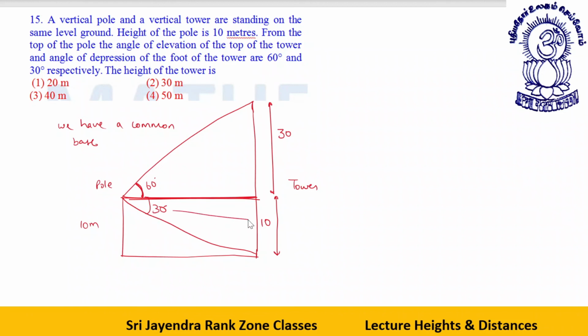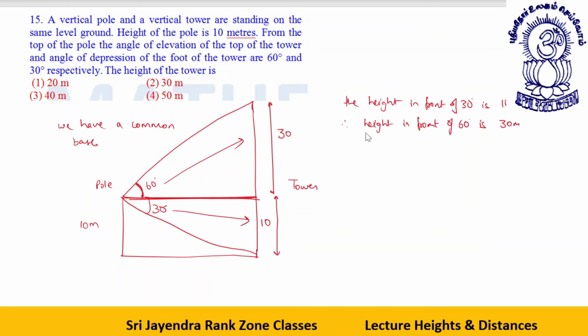Because the height in front of 30 degree is 10, therefore the height in front of 60 degree is 30 meter.